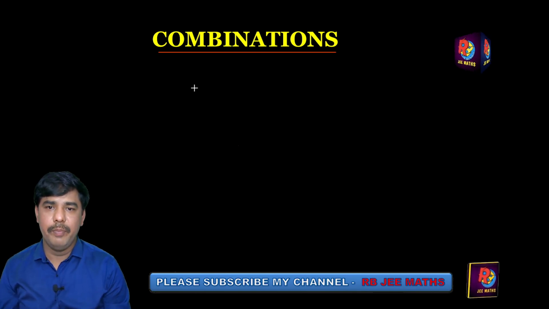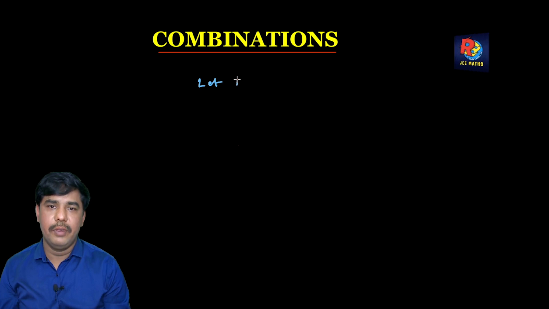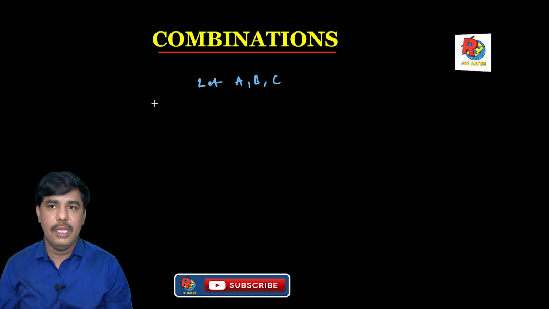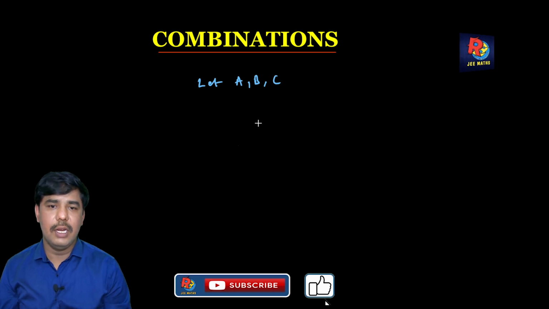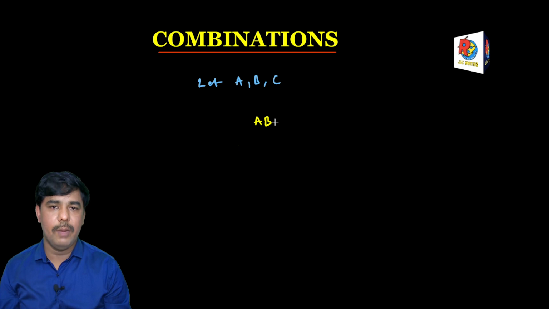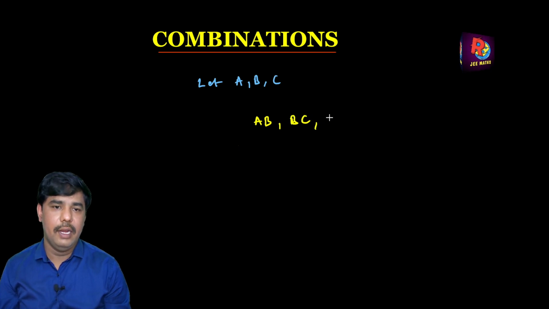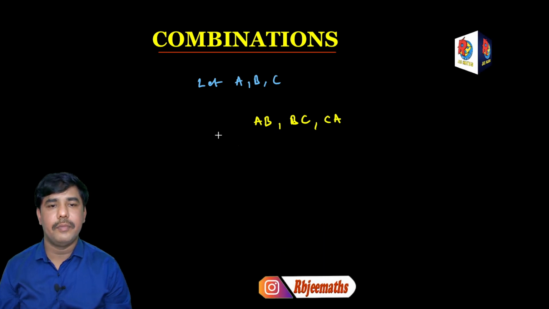For example, let us take three people: A, B, C. Out of these three people, I need to select two persons only. If I select two persons, you can observe here AB is one pair, BC is another pair, and CA is another pair.